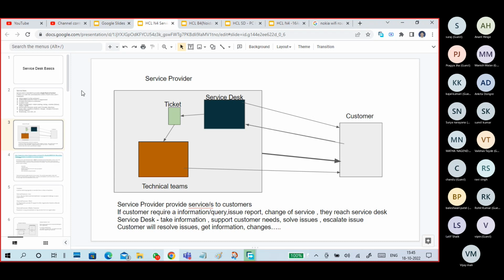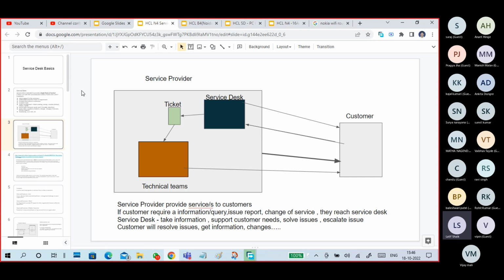Google Docs, Office 365, software as a service type. Some are providing applications, some are providing internet, some are providing web applications, some are providing streaming media, OTT platforms. These are all providing a service to the customer.